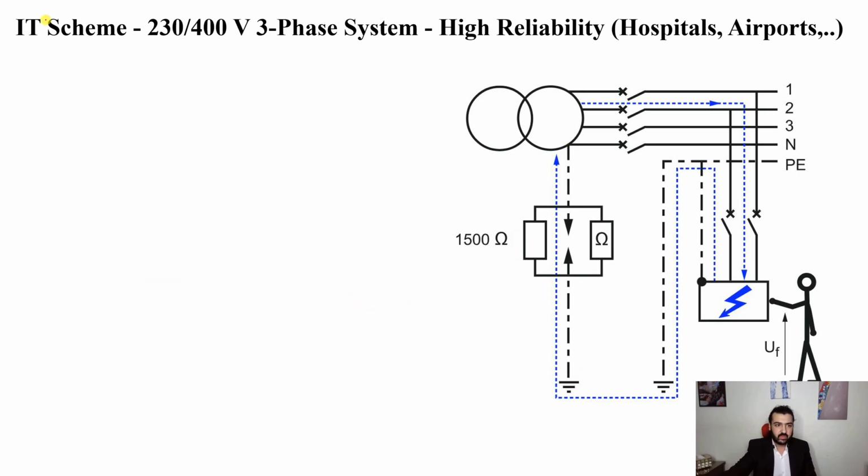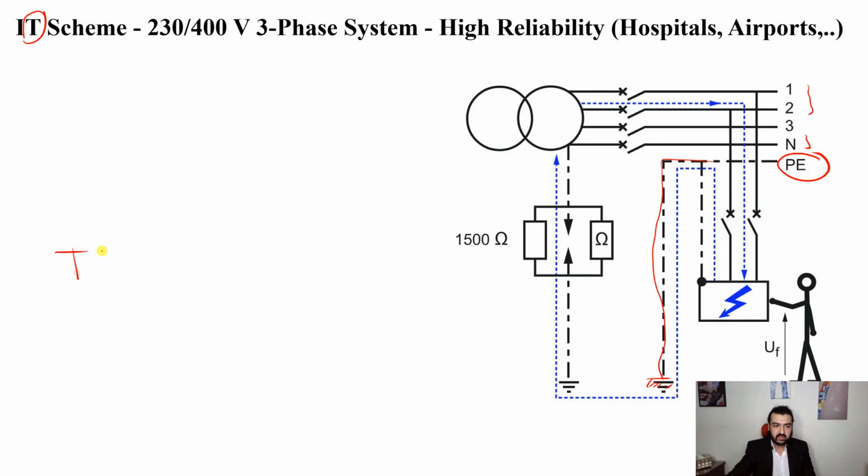Now T refers to the load side, at which it's connected directly, or solidly grounded, to the earthing system. You can see that the protective earth is directly connected to the ground like this.